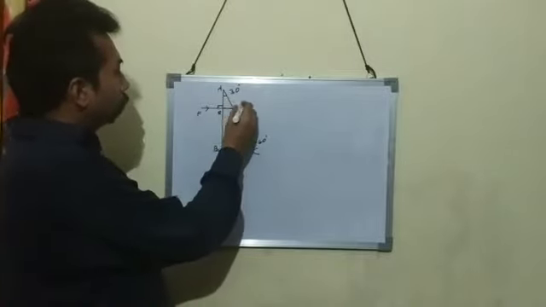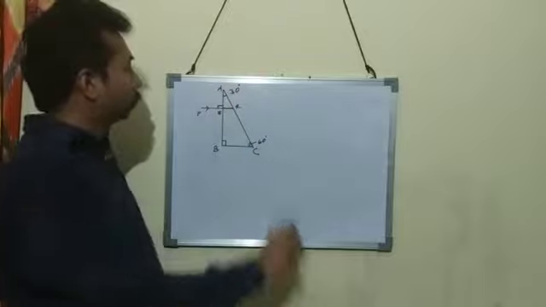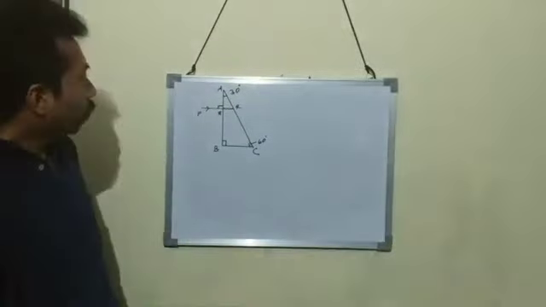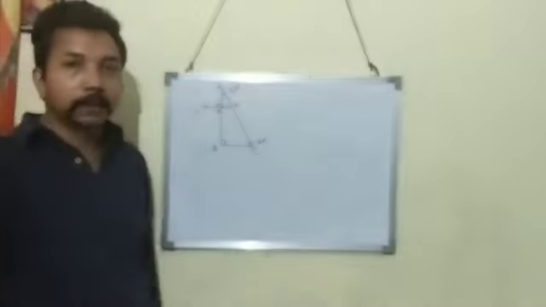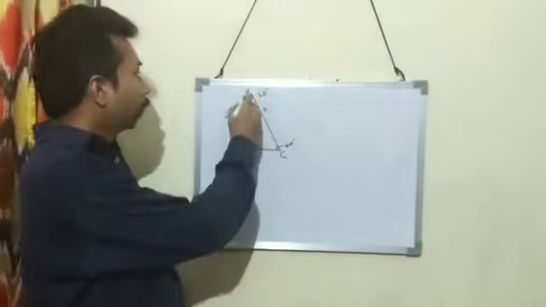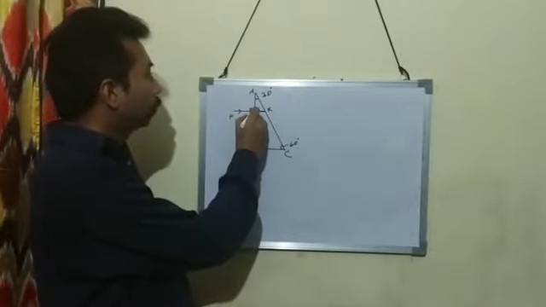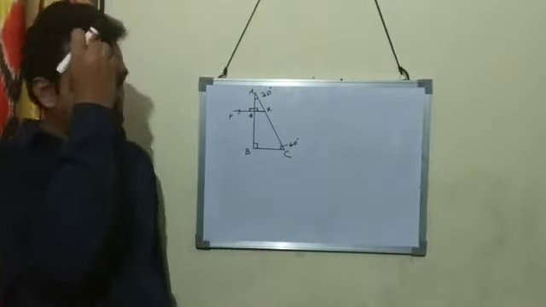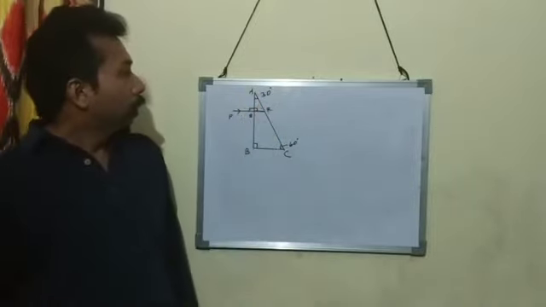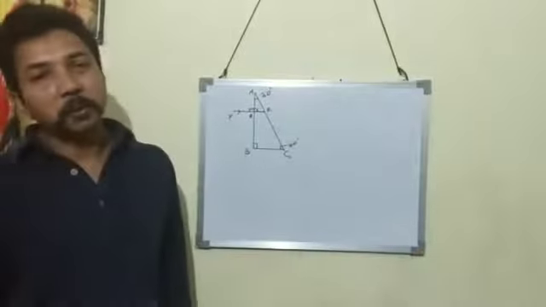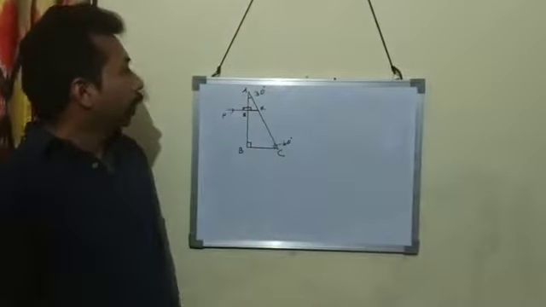I give the name QR for this ray. So what is the magnitude of angle AQR? PQR is a straight angle, so angle AQR will be 180 minus 90, which is equal to 90. This angle is 30 degree. What is the magnitude of angle ARQ? We take triangle AQR.